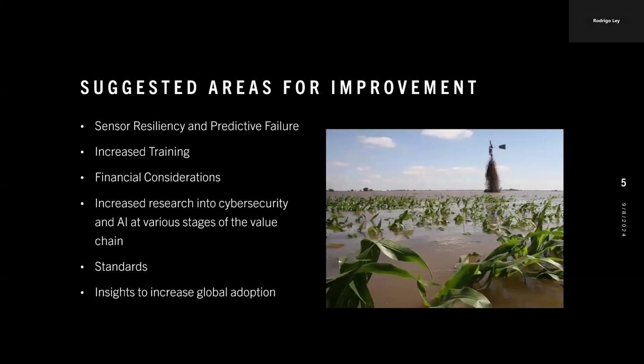Everything from being able to operate and repair a range of different sensors, being able to interpret the data that they're collecting, ensuring the cybersecurity of these sensor systems, very important because food security is national security, and being able to adapt the sensor systems to the harsh and unique climates or environments of a farm.